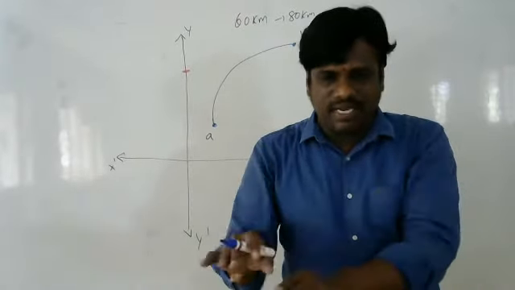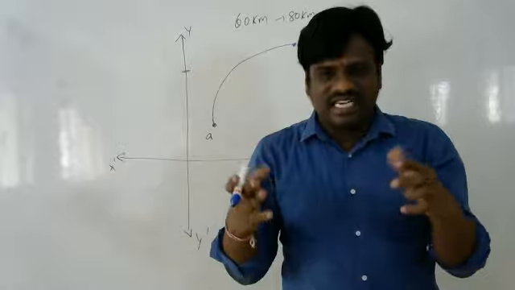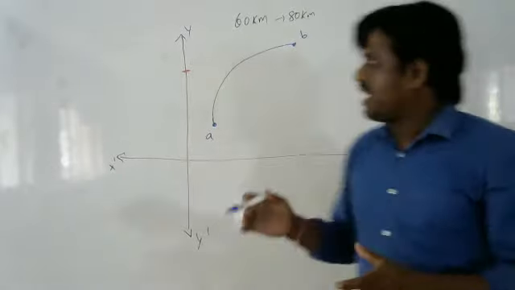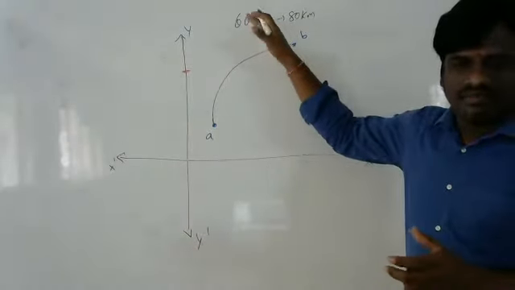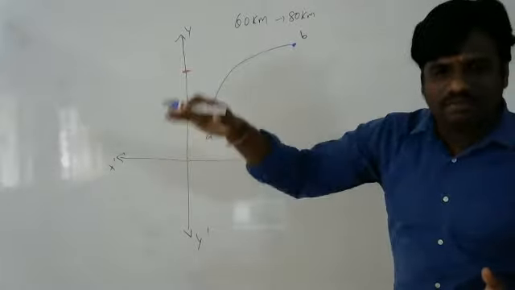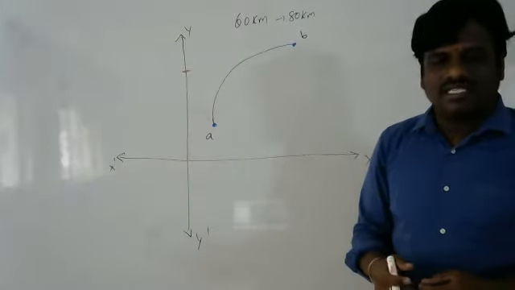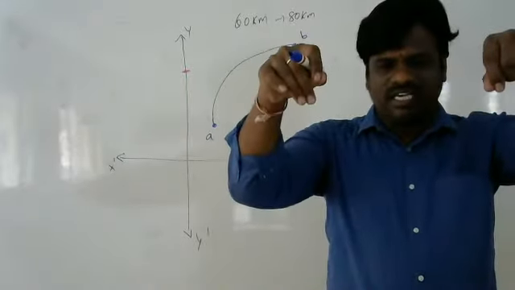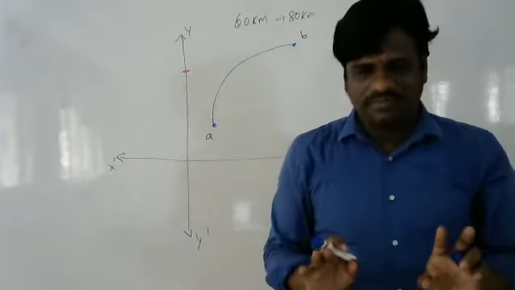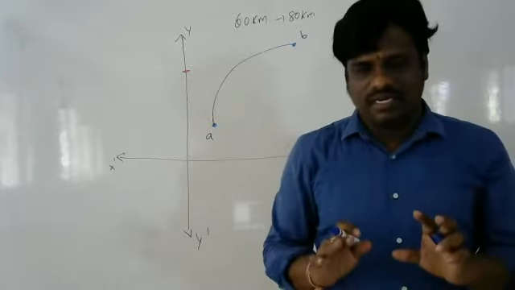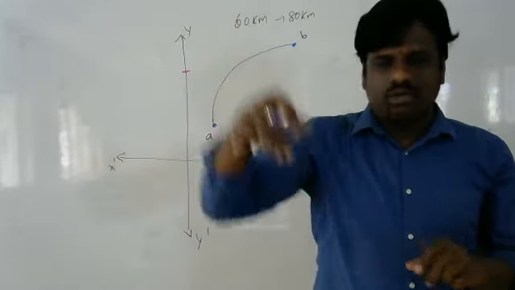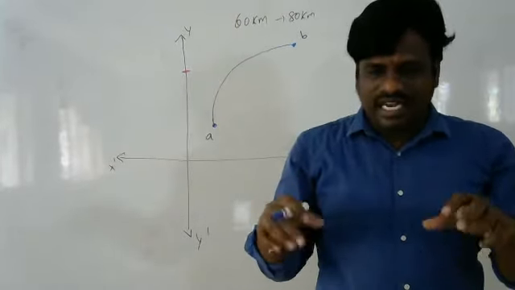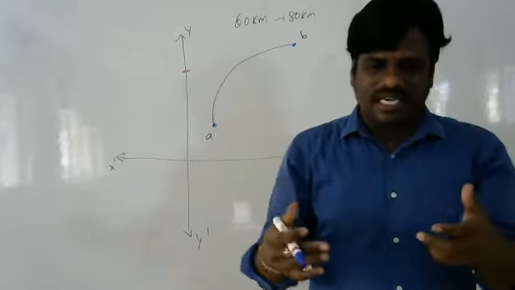His speed will decrease. He cannot stop suddenly, right? If his speed is 60 kilometers and he wants to come to zero, can the bike suddenly go to zero? Riding at 60 or 80 kilometers, can he go directly to zero?